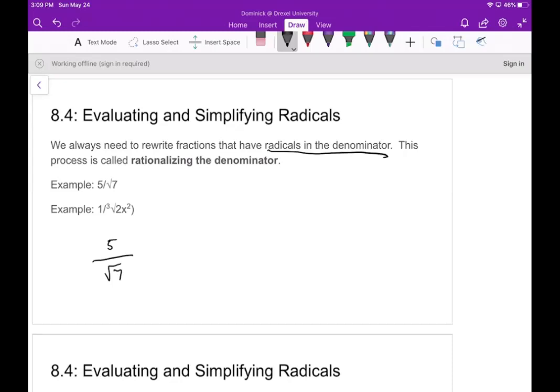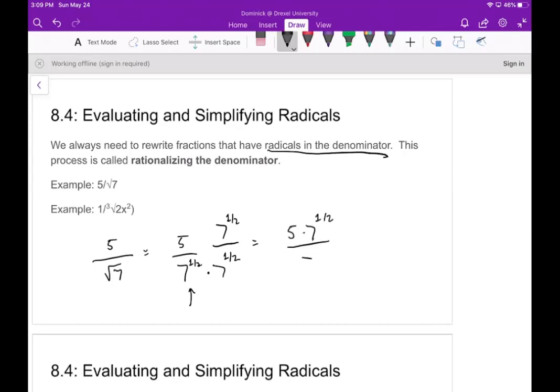So for example, we could say that this is 5 over 7 to the 1/2, right? How do I get this to be a full power? Well, I need another 7 to the 1/2, because if I add 1/2 and 1/2, I get 1. But I also need to do that to the top. So I'm going to get 5 times 7 to the 1/2.